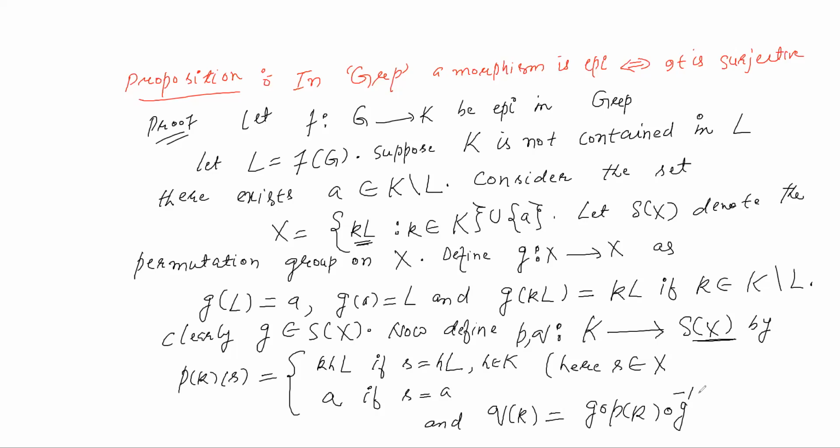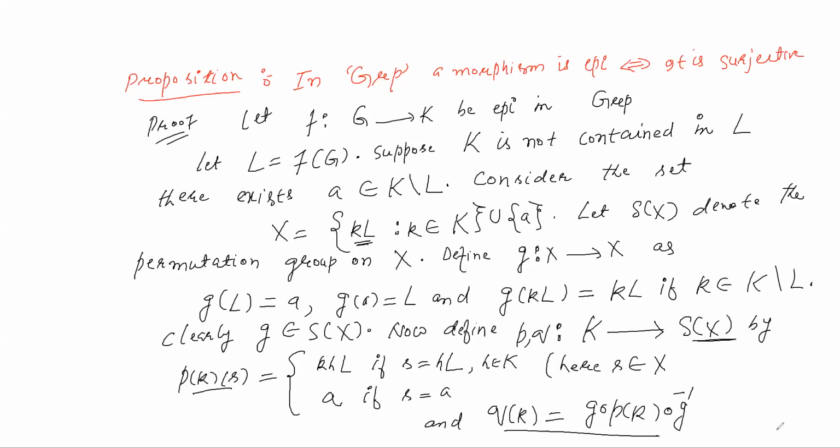Because g is from X to X, p(k) is also from X to X, and g inverse is also from X to X, so it is sensibly defined. So I define these two maps p and q. In fact, you can see that they are morphisms, they are group morphisms.